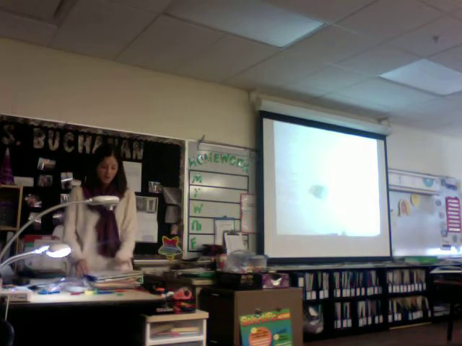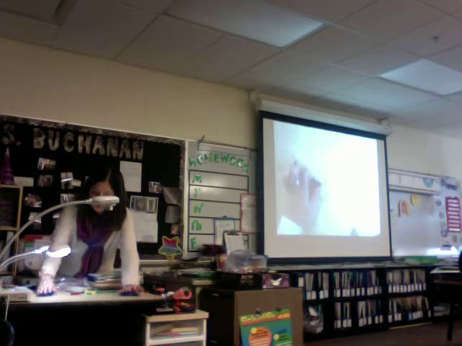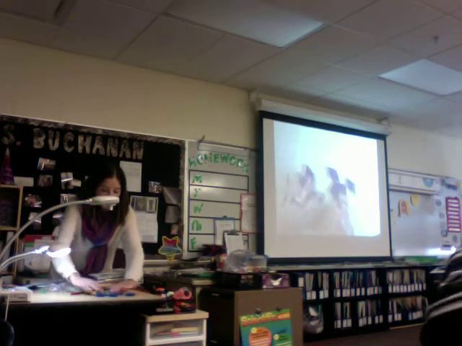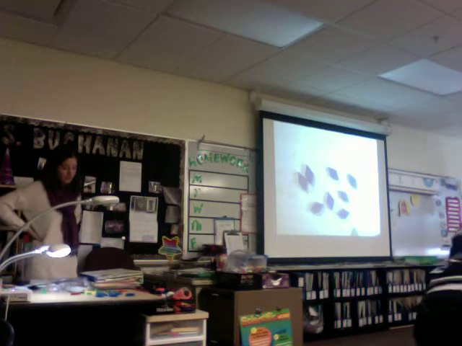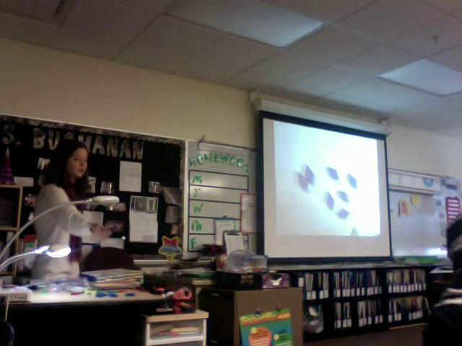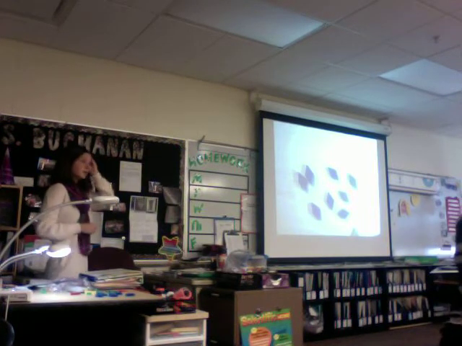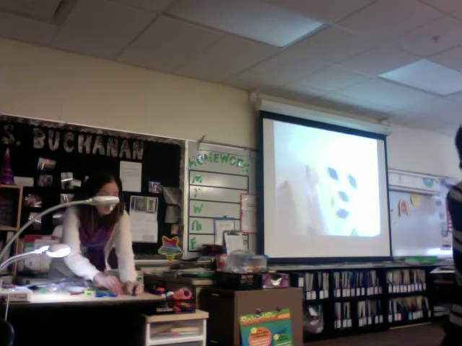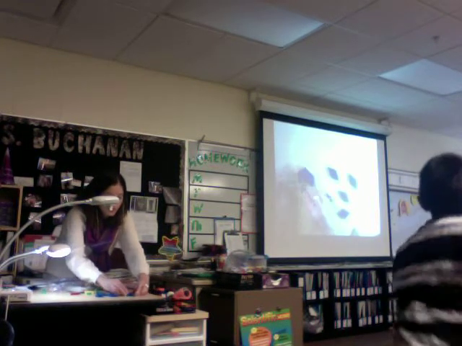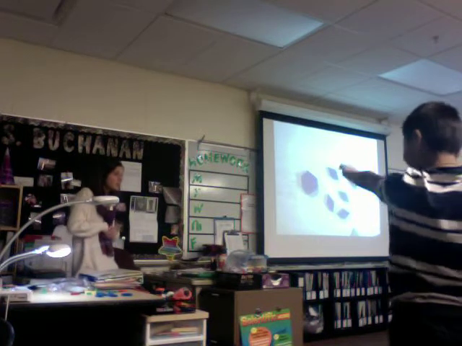Now we're going to do something a little bit trickier. Let's say I have 8 rhombuses, and those rhombuses represent 1/3. Each rhombus represents 1/3. If I add 1/3 plus 1/3 plus 1/3, 3 over 3 also equals what?